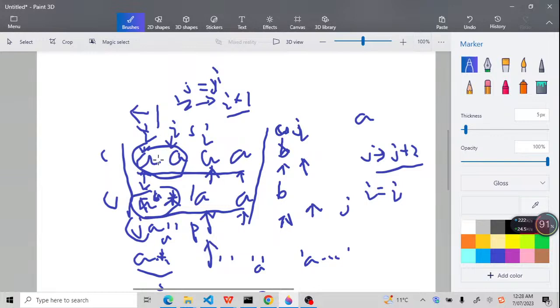Yeah, this i plus 1, i moves to this place and then stays here. I move to the next place and then stay here.